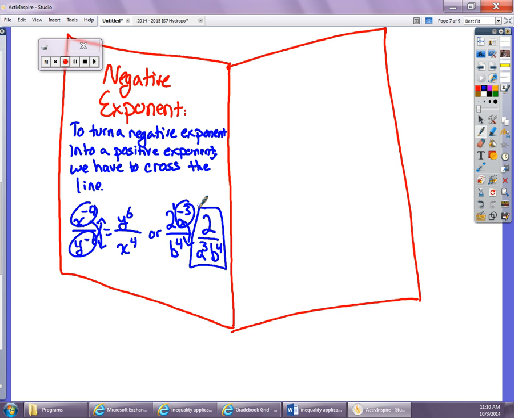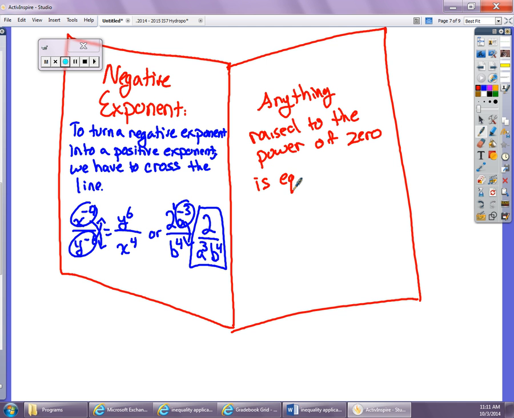And then the last thing, anything raised to the power of 0. Anything raised to the power of 0 is equal to 1.